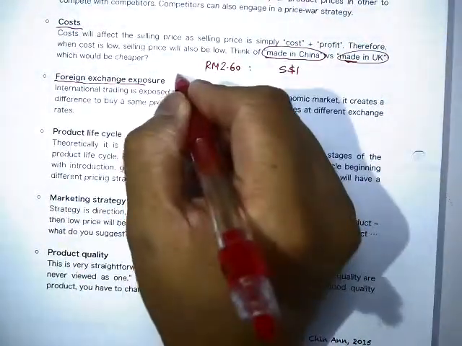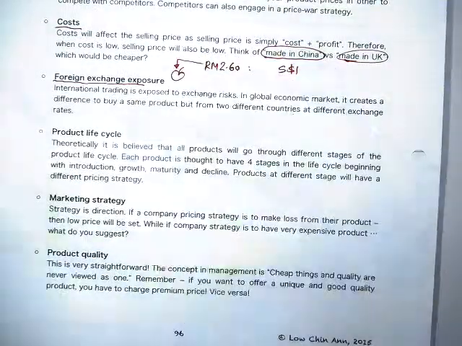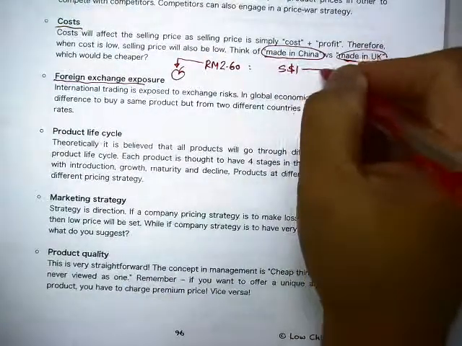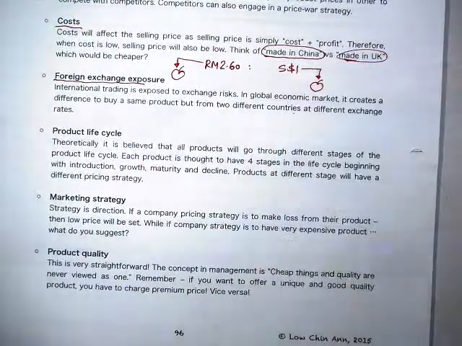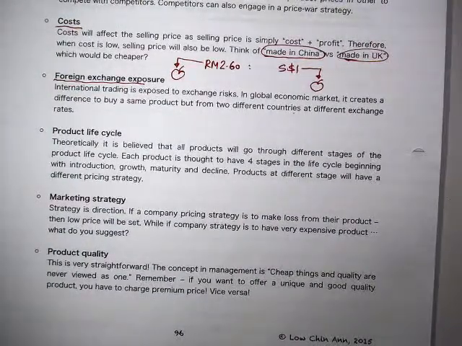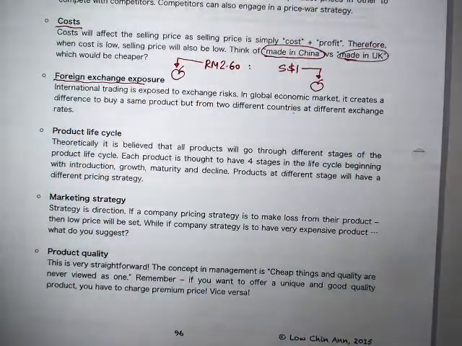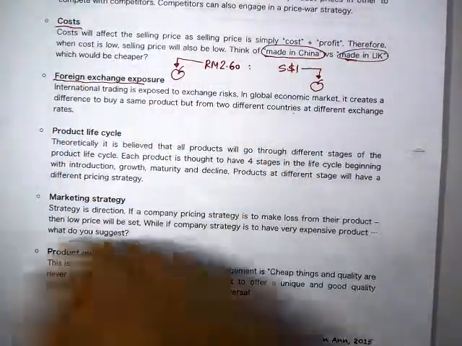You sell an apple in Malaysia for 2 ringgit 60 cent. The same apple you sell in Singapore is $1 right now. Okay. So now whether you buy the apple in Malaysia or Singapore, there's no difference. There's really no difference because it's the same.